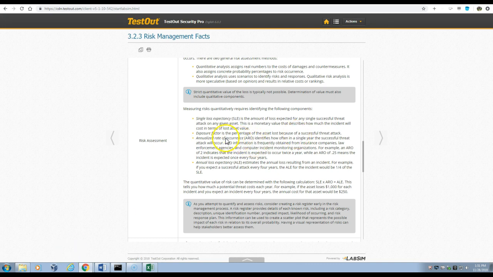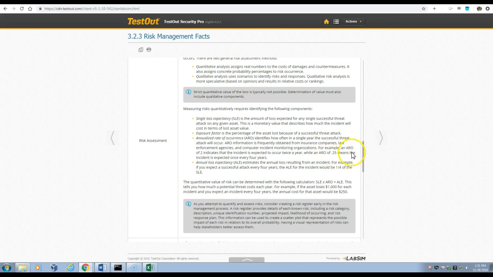The second thing that you may need to know is the annualized rate of occurrence, or ARO. ARO is how often in a single year a successful threat attack occurs. This annualized rate of occurrence is frequently needed for insurance companies, for law enforcement agencies, for compliance purposes, or for computer incident monitoring purposes.